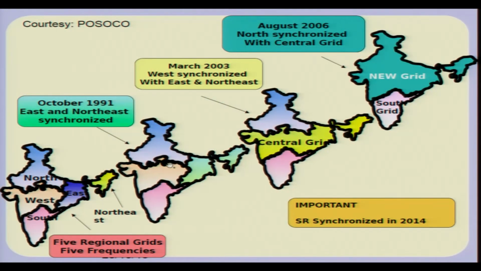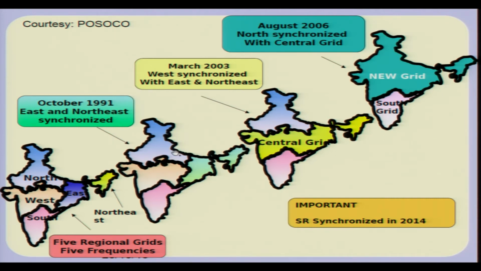In fact, even around 1991, we did have HVDC links in the northern grid and in the western grid around the late 1990s. We did have HVDC links in the western grid between Chandrapur and Padghe, within the western grid. It was an embedded long distance HVDC link.